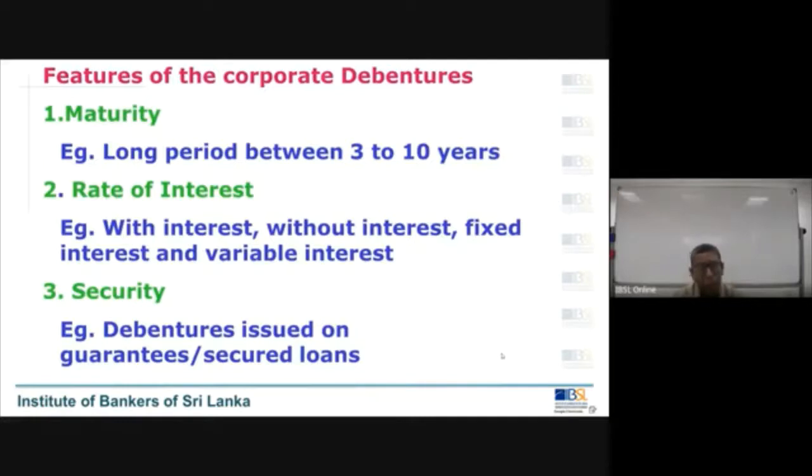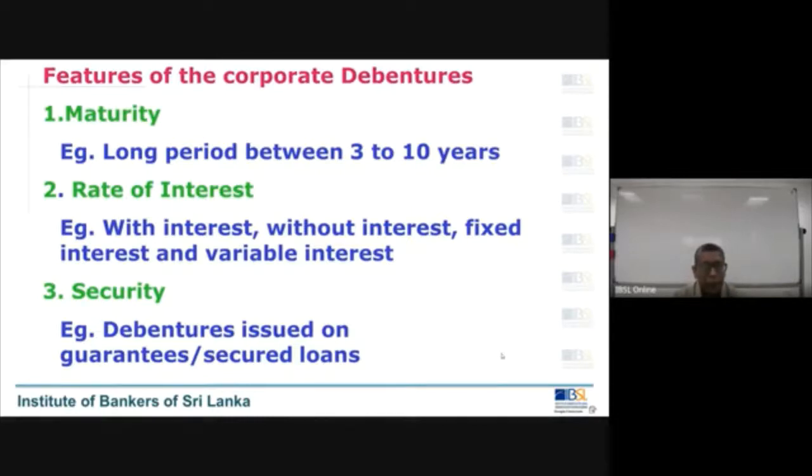They have a maturity period, maybe 3 to 10 years, but today usually 3 to 5 years. And we define the rate of interest. We don't say interest, we call it the coupon rate. Usually for corporate debentures, the coupon is paid semi-annually. That's the normal pattern, right?